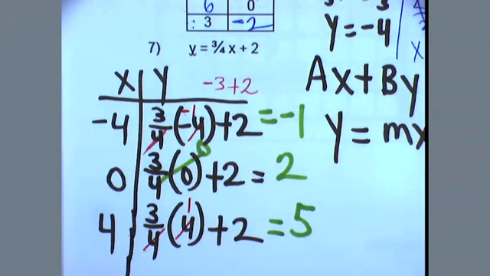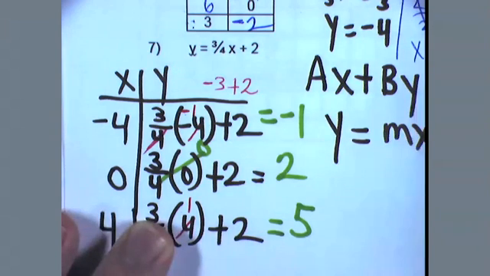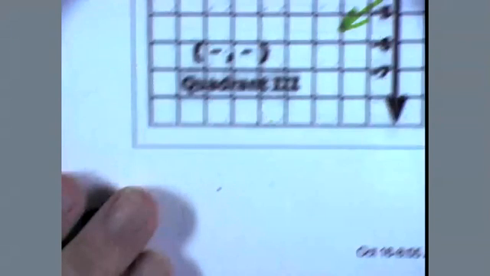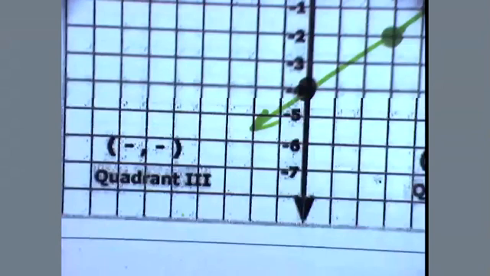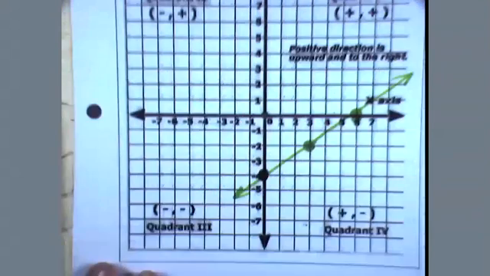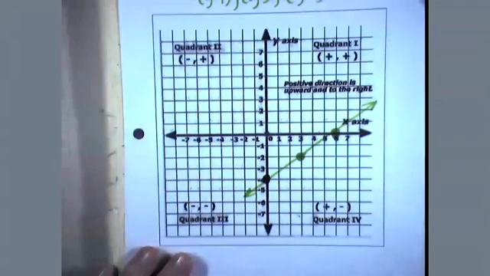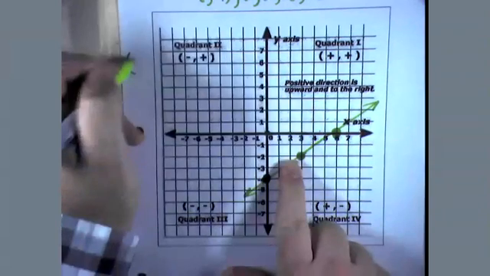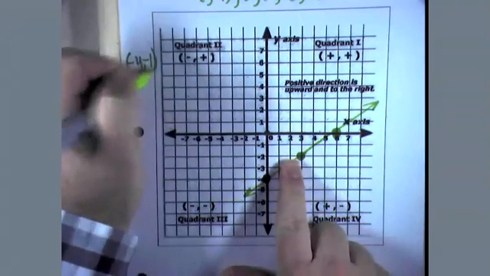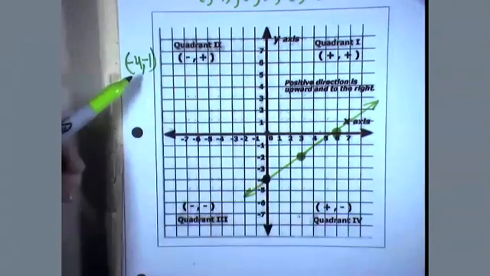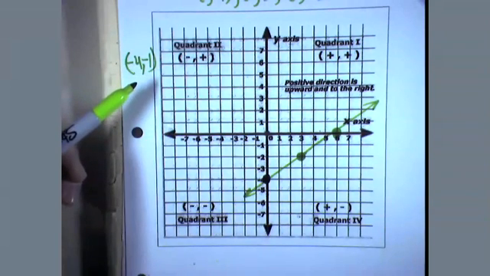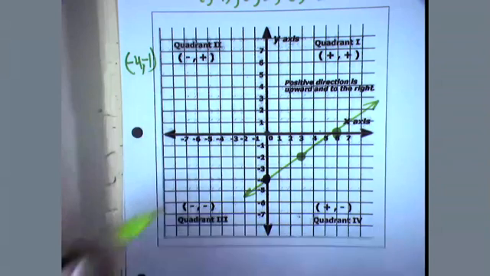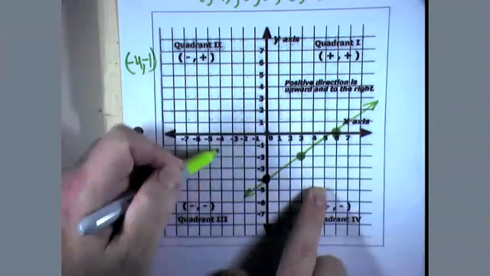Now let's plot these points on our Cartesian plane. And let me zoom out. So our first ordered pair is (-4, -1). That means in terms of directions, you go left 4 and down 1. So left 4 and down 1 is right here.